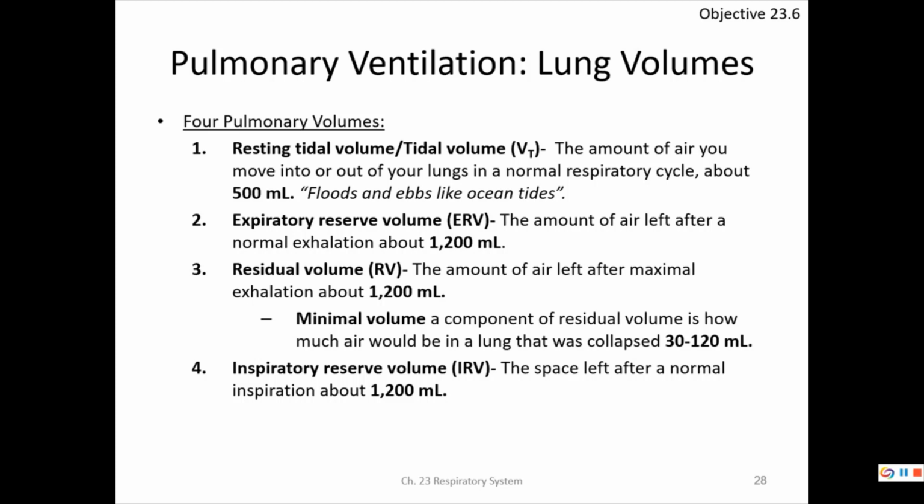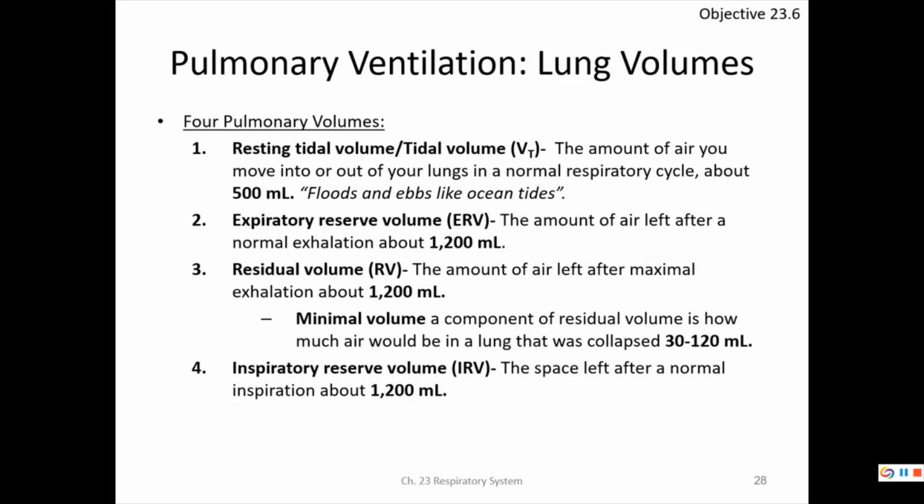Residual volume is the amount of air left after maximal exhalation. And minimal volume, a component of residual volume, is how much air would be left in a collapsed lung. Then the inspiratory reserve volume is space left after normal inspiration. Now, the volumes here are not required to be memorized, okay? I'm not going to ask you, but I'm giving you what's normal according to our book.